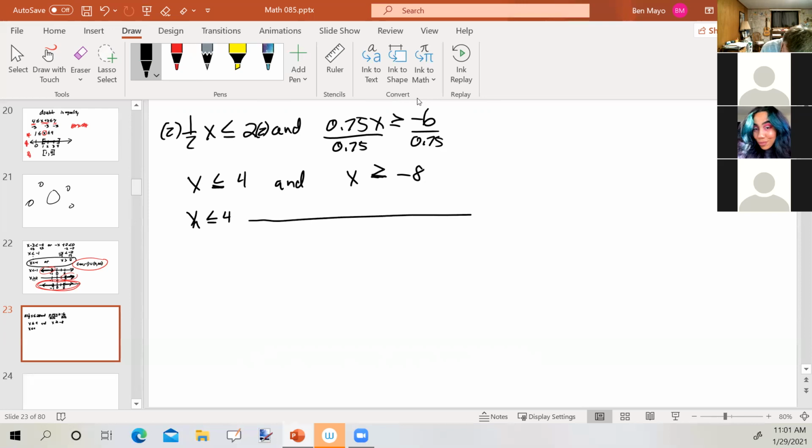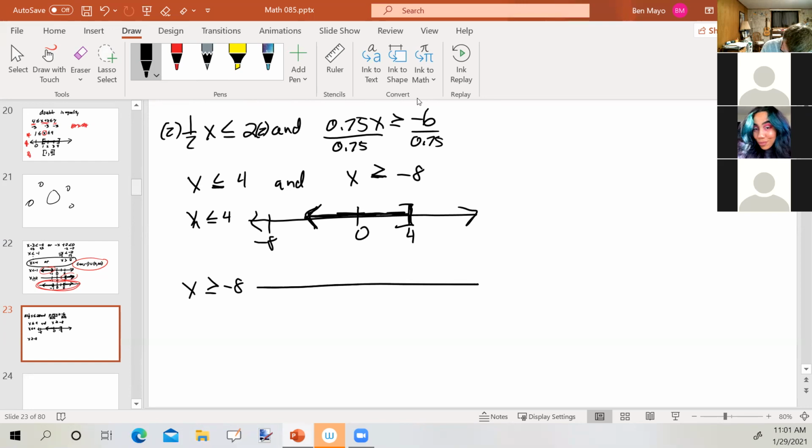X is less than or equal to 4. So that's going to look like this with a bracket on 4 and an arrow going to the left. X greater than or equal to -8. That's going to be a bracket on -8 and an arrow going to the right.